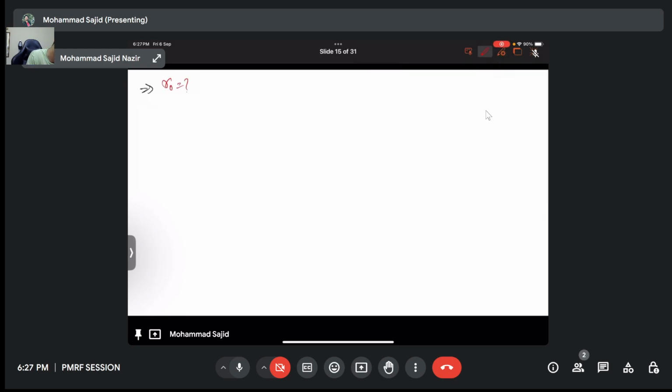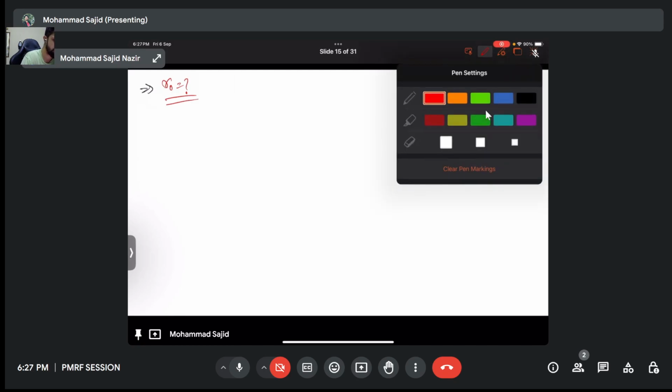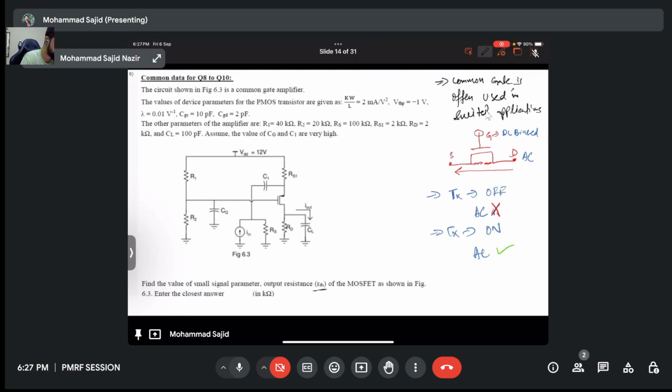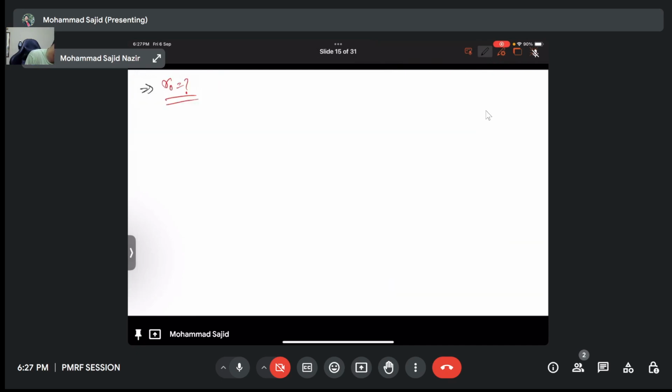Our aim is to find R naught, and for R naught we need to find IDS, right? Since this is a PMOS, that is ISD. So what is the formula? ISD is KW by 2L (VSG minus VTHP) whole square.